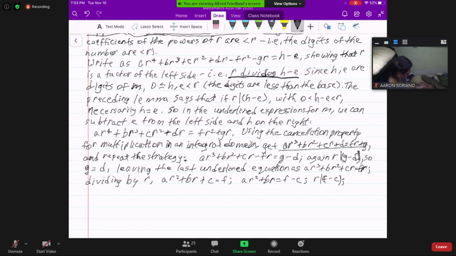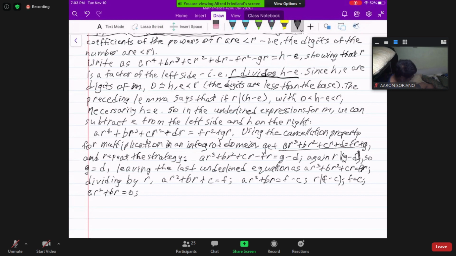And so since R divides the difference between two numbers smaller than it, those two numbers have to be the same. And so we have AR squared plus BR equals 0, taking out a common factor of R. So let me write it formally this time.